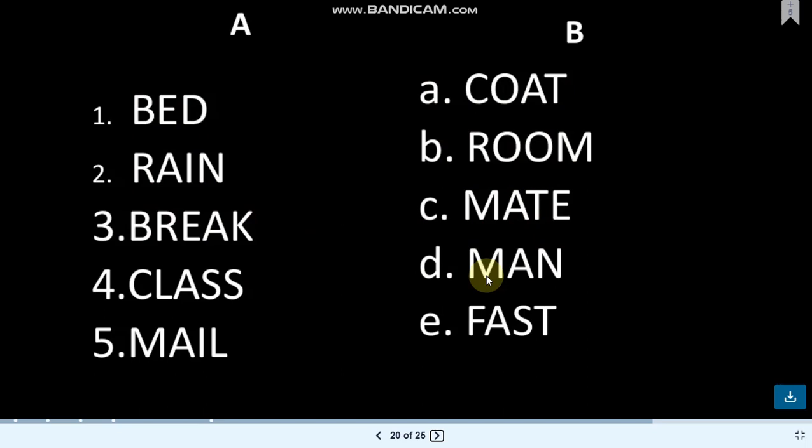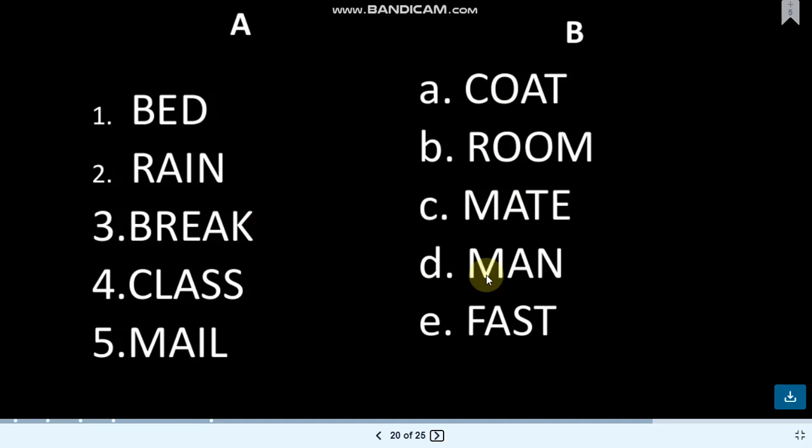For column A, we have the words bed, rain, break, glass or class, mail. And for column B, we have coat, room, mate, man, and fast. Now, can you match column A to column B? Match the words so we can create a new word, a compound word.